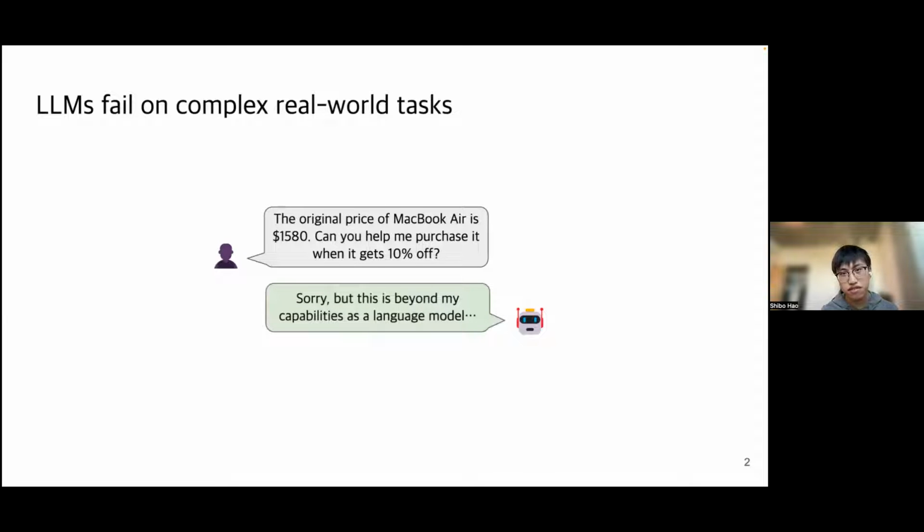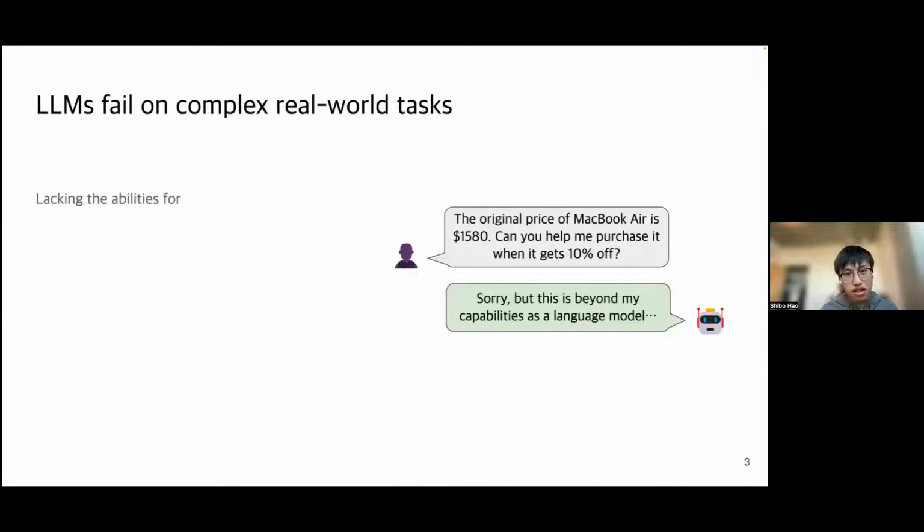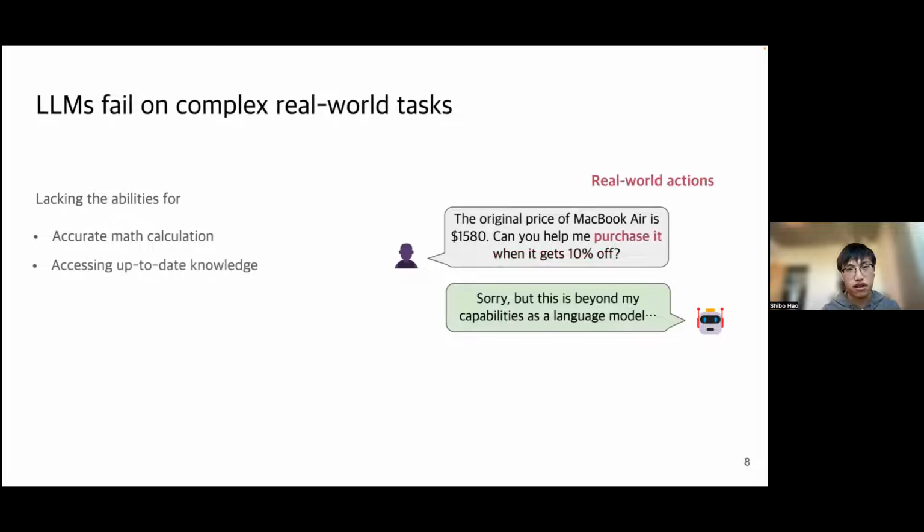Unfortunately, this case requires abilities that even the strongest pre-trained LLMs don't have. For example, to respond to this query, the LLM needs to do accurate calculations, have access to real-time world knowledge, and have the ability to take real-world actions.